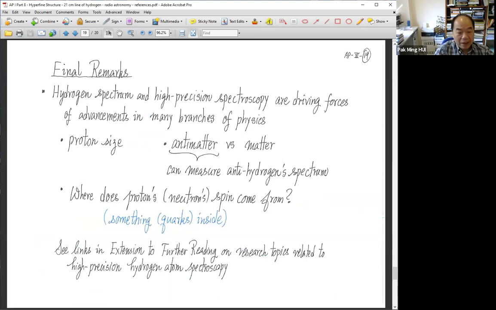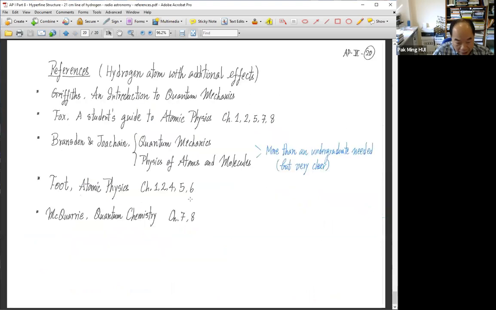So here is just some final remark. I have another file just to say a few more words. For those who like atomic physics, it's a very hot field now, called AMO physics: atoms, molecules, and optics.